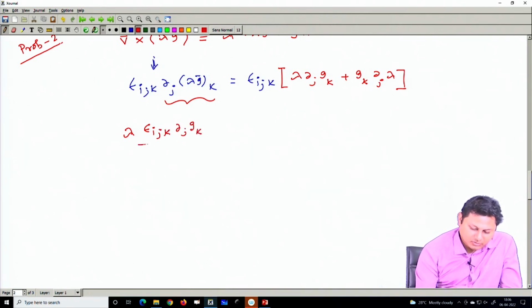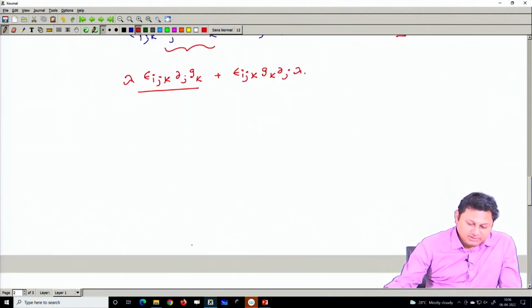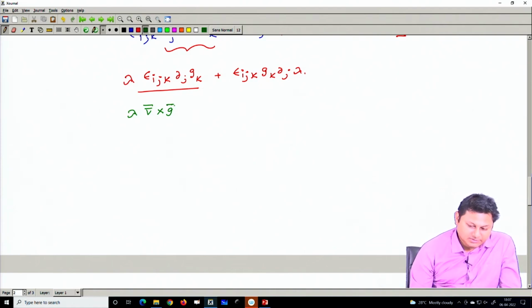So, this is forming something, and plus the other term epsilon i j k, then we have g k del j lambda. So, you can see quickly that this is nothing but lambda and then curl cross g, right, lambda curl cross g.